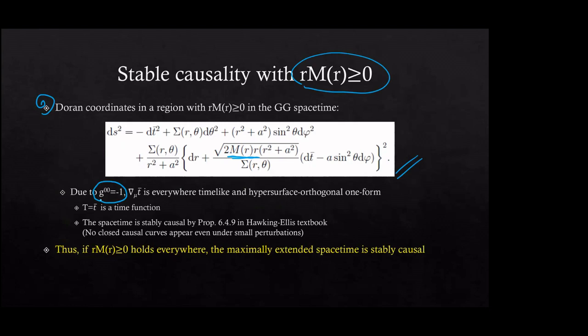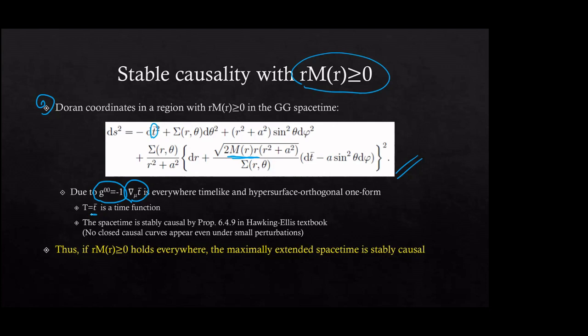So the inverse metric component g^00 is just -1, exactly. So this means that this one-form, this t-bar which is a time coordinate, is everywhere time-like and hypersurface orthogonal. So it means that this coordinate t-bar is actually a time function.